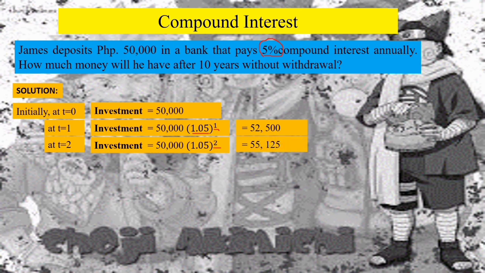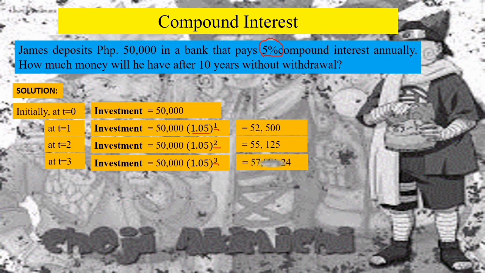So, 55,125. How about if your T is equal to 3? Ayan. So, the same lang. May iba lang yung exponent natin. So, magiging 3 ito. So, that is equal to 57,881.24.